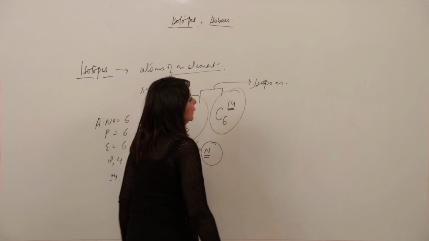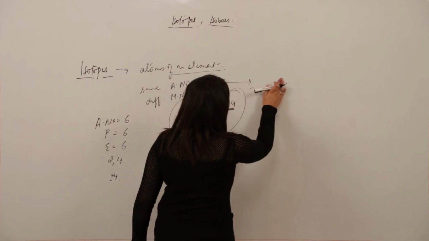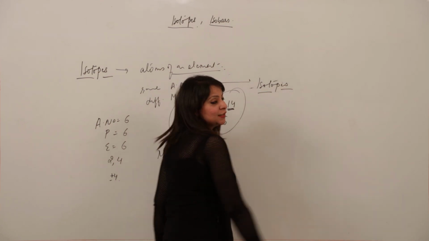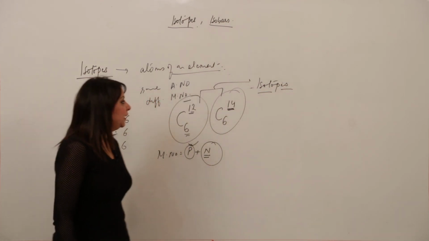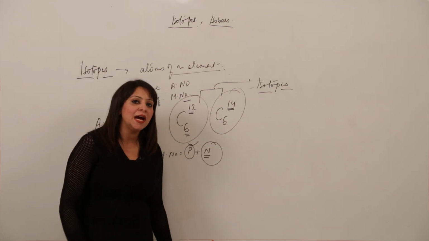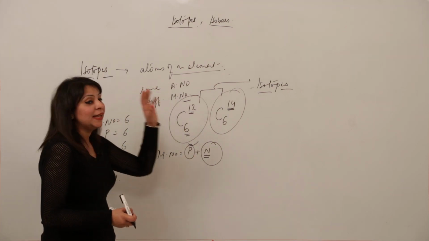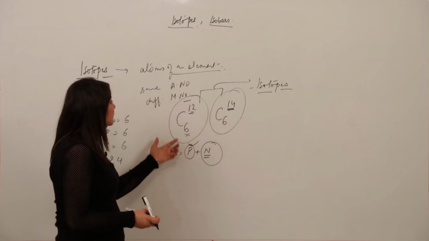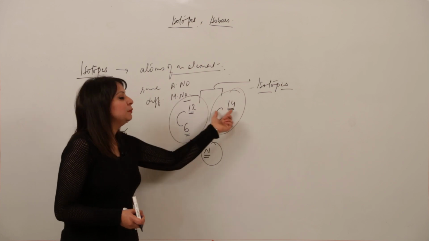Isotopes, I think I've written the wrong spelling. It is isotopes, I-S-O-T-O-P-E-S. So the relation between these atoms is that they are isotopes. Isotopes means the atoms of the same element. They are the atoms of the carbon element, which have the same atomic number but different mass number.